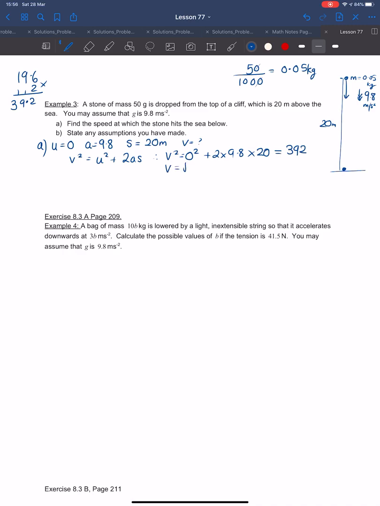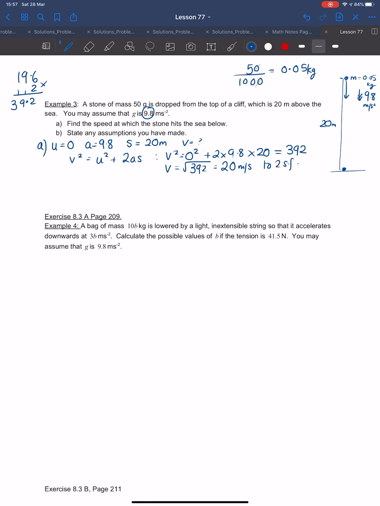So v is the square root of 392, which is 19.8. But we've got to have it to two significant figures. So it's going to be 20 metres per second to two significant figures.